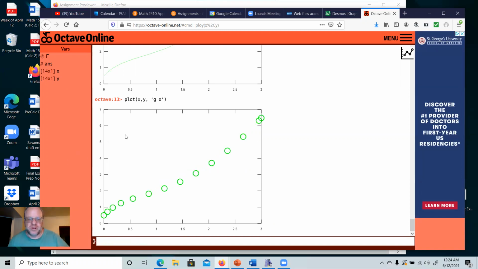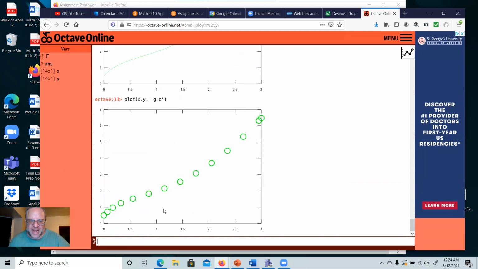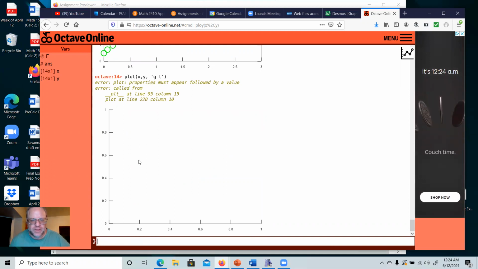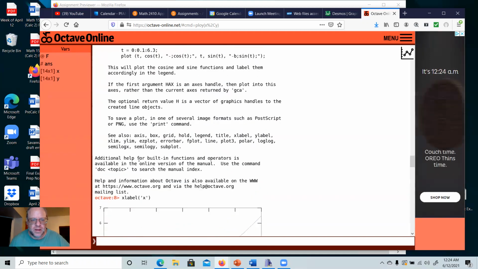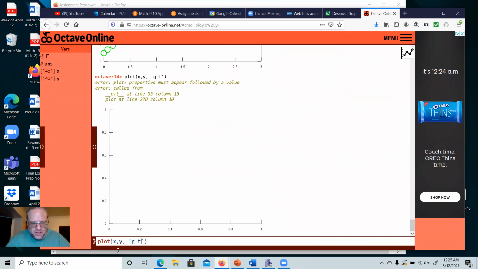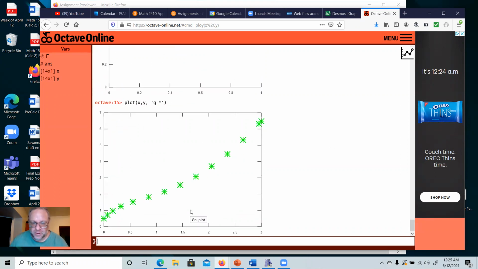I need to change my title and axes and all that other stuff, but I do encourage you to go play around with this. I want stars. Okay, green stars, yellow horseshoes, etc. So play with that a little bit, but that's what we're doing for this section.